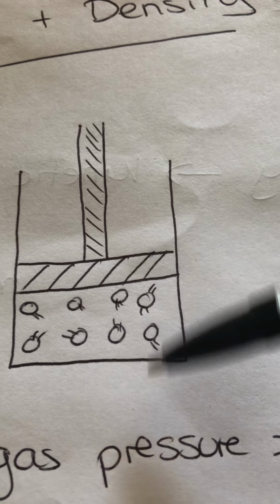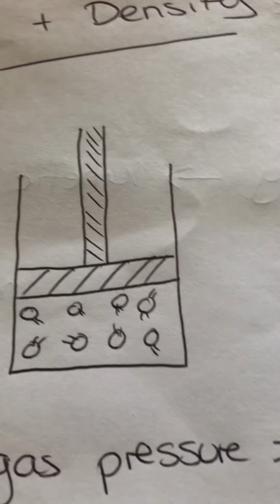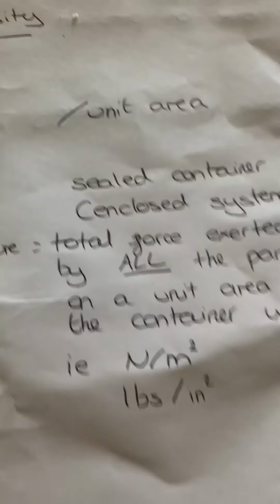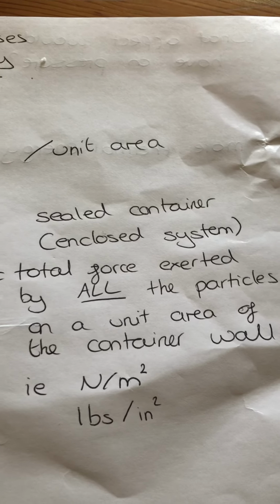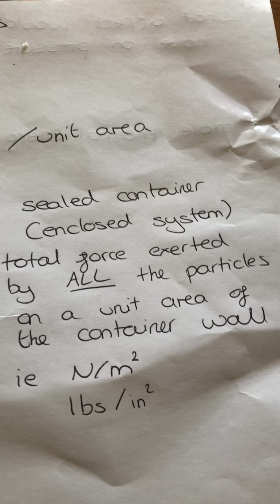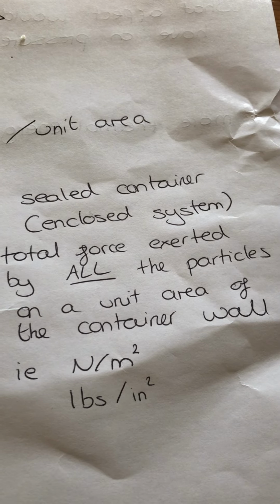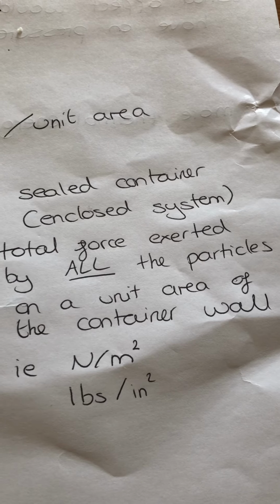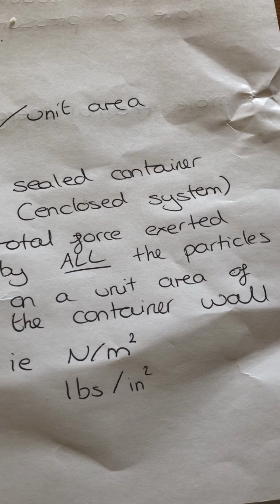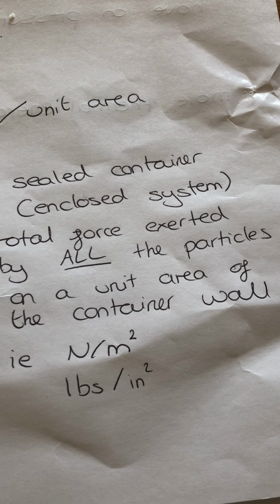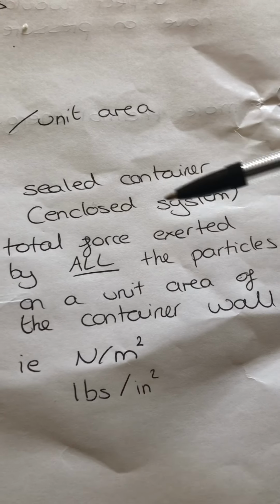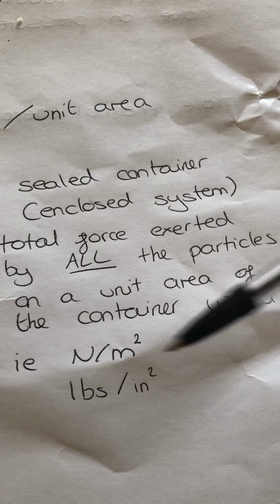And what that does is increase the pressure, because gas pressure is the total force exerted by all the particles on a unit area of the container wall, or of any container or anything where you've got pressure being exerted. Now, pressure can be in newtons per metre squared, or pounds per square inch.